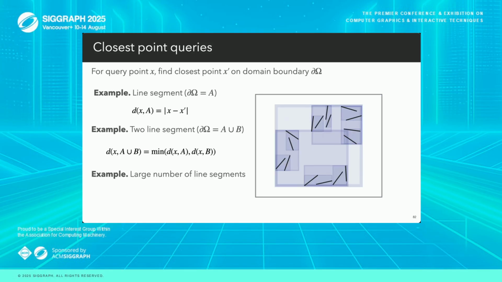And if I have a whole bunch of those, instead of just considering a for loop that goes over each of the segments and computes the minimum, I can now start bundling them together in some bounding volume hierarchy that will allow me to very quickly throw away groups of those segments, without having to evaluate all of their members one by one. So by using bounding volume hierarchies, I can perform these closest point queries on geometry such as meshes at a logarithmic complexity with the number of primitives I have in my geometry.